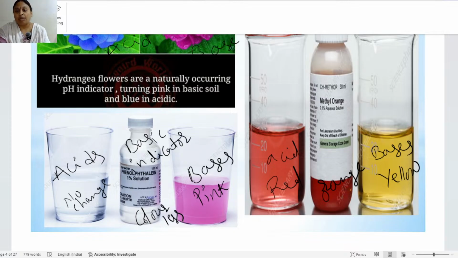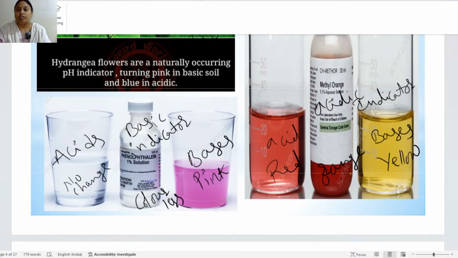And methyl orange is giving the color change in acids, so that's why methyl orange is called an acidic indicator.